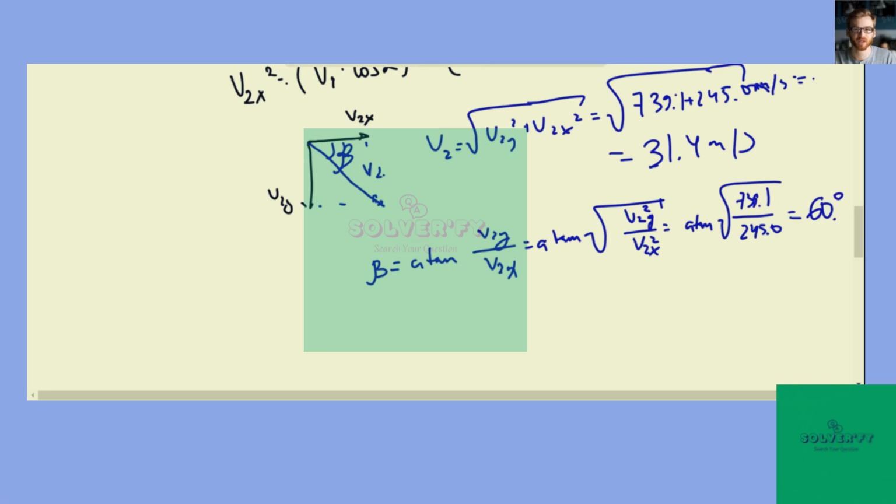No, 60.1 degrees. So beta is 60.1 degrees. That's the angle with the horizon, and obviously it's below the horizon.